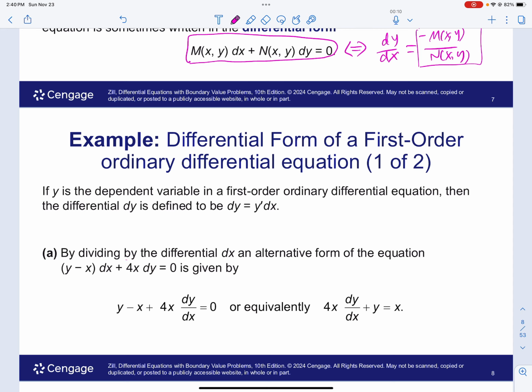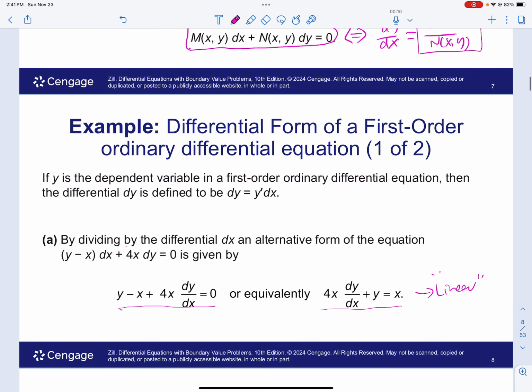If you have this one, y minus x, it can be equivalently said this way. Later on we will introduce linear to nonlinear. Actually, this is the definition for linear, okay? So when we introduce the definition, what will be the general form? Could we isolate dy over dx?